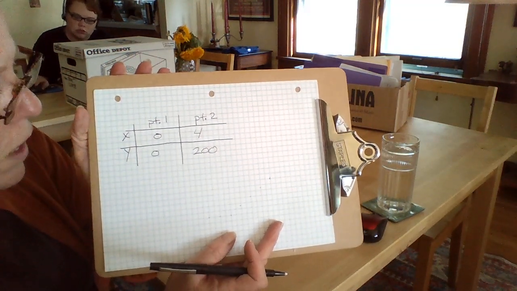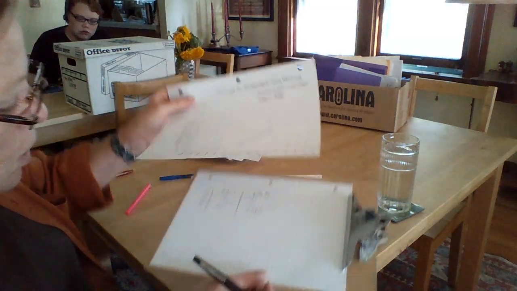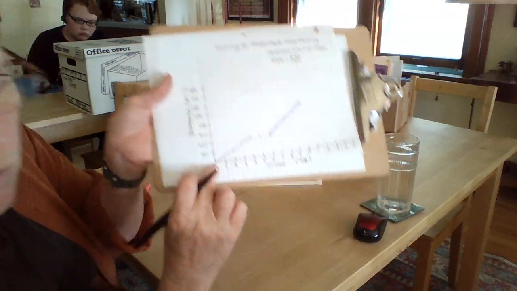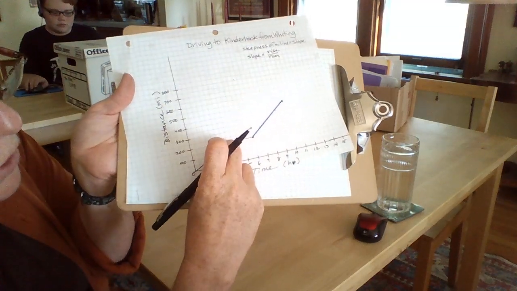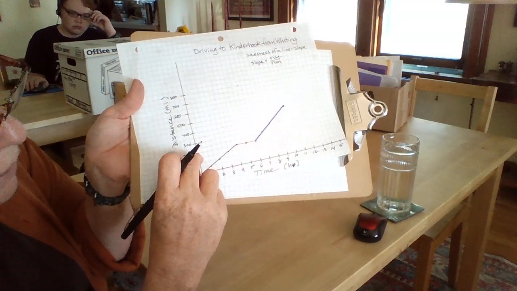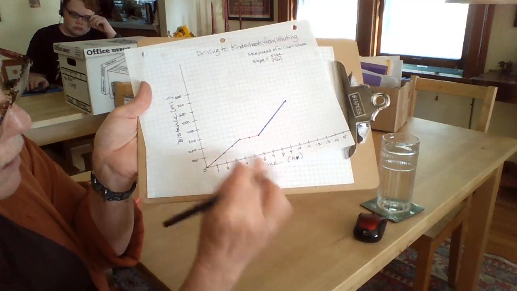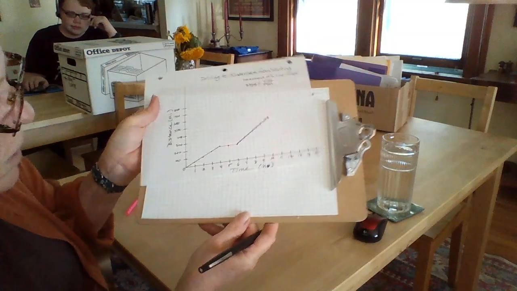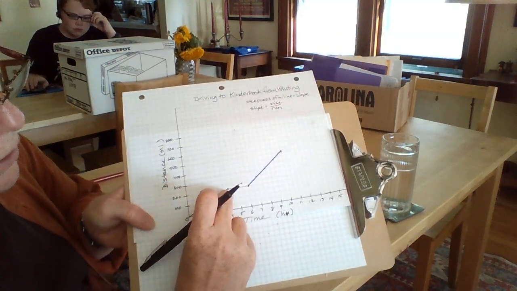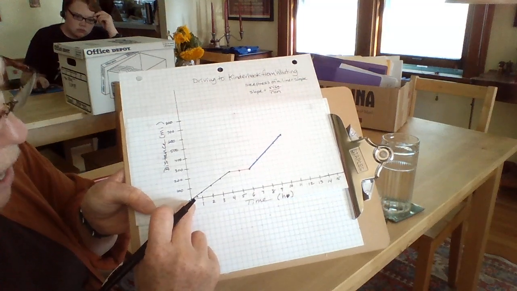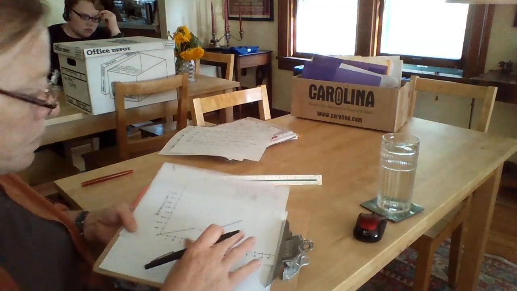How do you calculate rise? You figure out how much the line went up from point 1 to point 2. So it went from 0 to 200. And the way you calculate that is you take the second number, the 200, and you subtract the first. And we say that what you're doing is y for point 2, or y2, minus y for point 1, or y1.